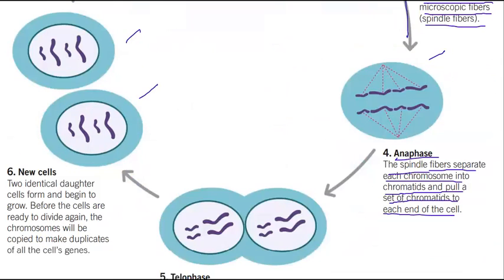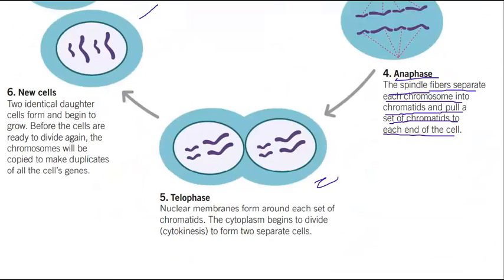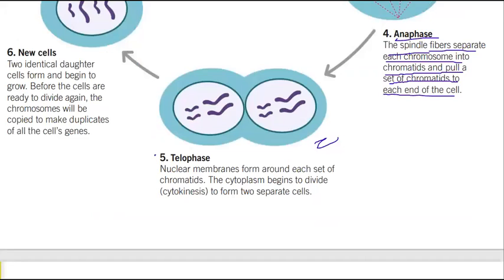Anaphase. Now let's see telophase. Nuclear membranes form around each set of chromatids and the cytoplasm begins to divide to form two separate cells. That is cytokinesis.